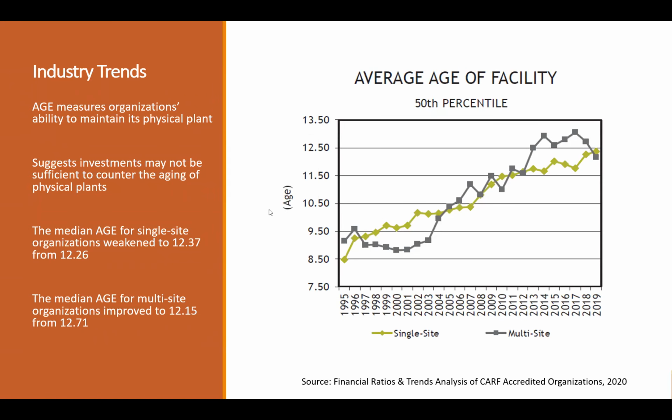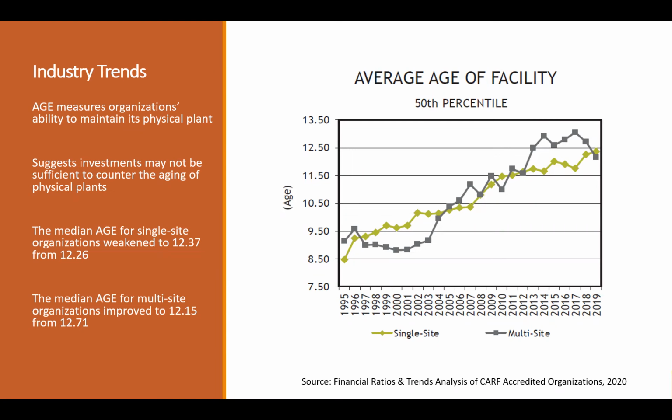Here is a source of information from CARF, which looks at average age of facilities. What's interesting over time, you'll see the green bar indicating single site organizations, the gray line multi-site. And over time, there's been some dips up and down, but on the left, it tracks what the average age of the facility is.